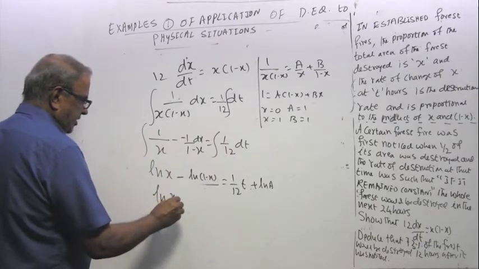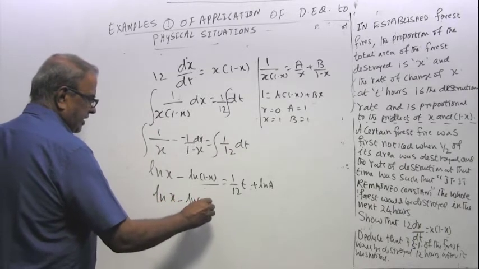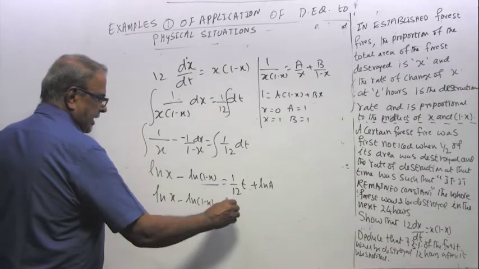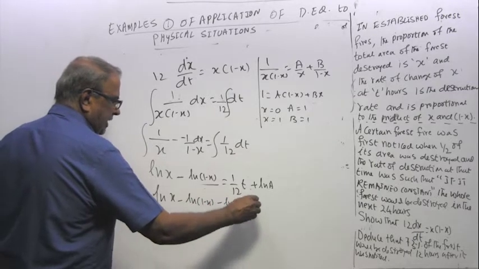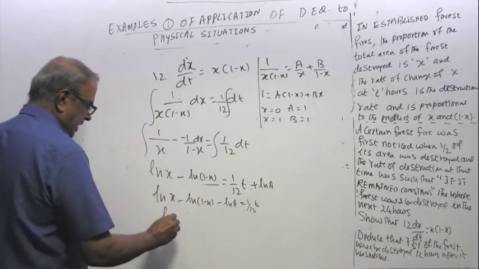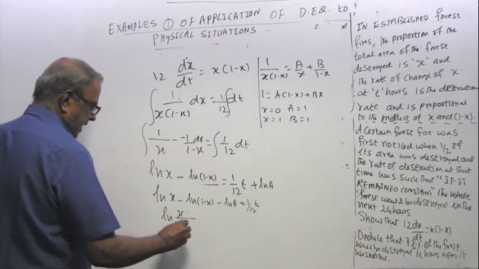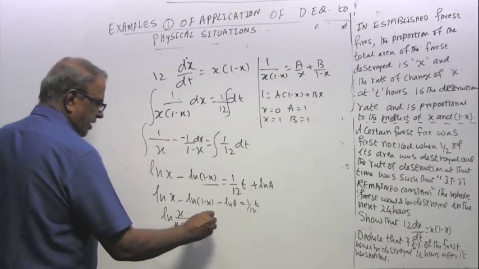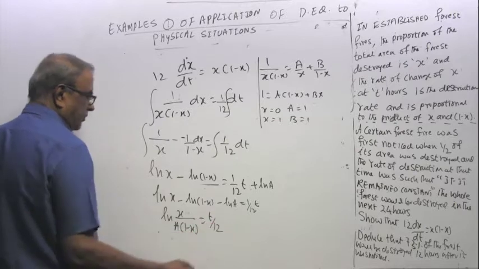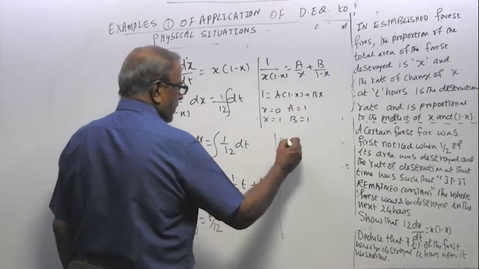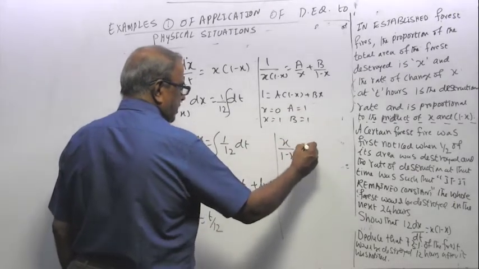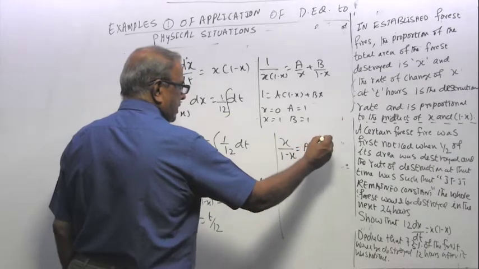So ln x minus ln 1 minus x minus ln a equals 1 over 12 t. So ln x over a times 1 minus x is equal to t over 12. So therefore, x over 1 minus x is a power t over 12.